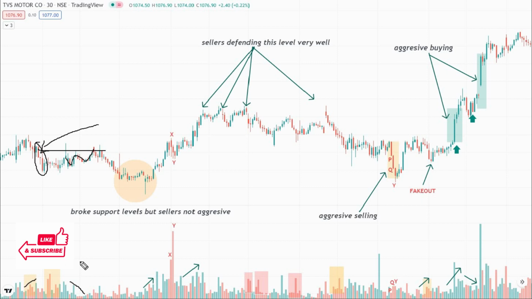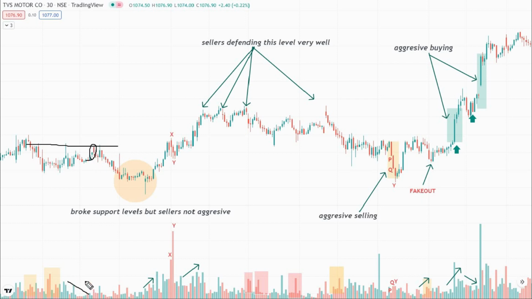That's why they are not able to push the prices aggressively towards the upside with an increase in volume. So we could say that the sellers here are very powerful. Even after defending this level very aggressively, buyers are not able to push the prices aggressively upside with an increase in volume. This is an indication that sellers are stronger than the demand side. That's why sellers are still defending this level very aggressively and the buyers are losing momentum.